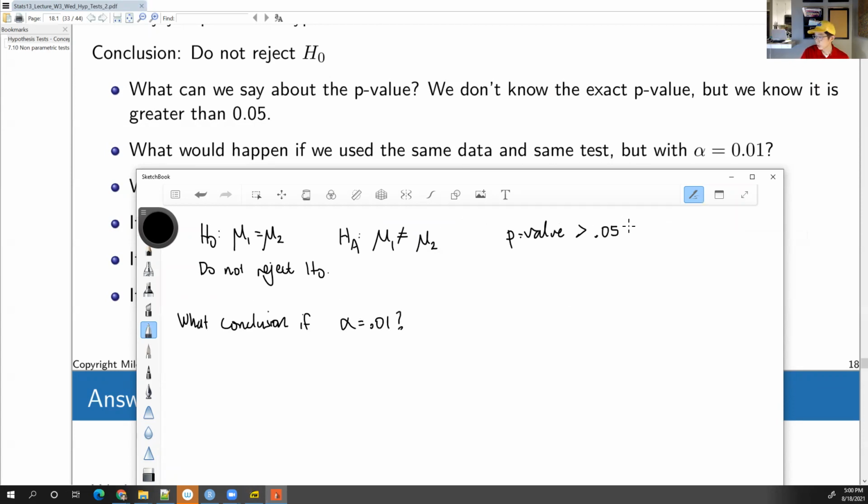Okay. So how does my p-value compare to alpha? Well, my p-value must be greater than alpha, right? My p-value, whatever it is, it's bigger than 5%. Even though I don't know exactly what it is, if I ask, is it greater than 1%? Yes, absolutely. So we come to the same conclusion. Do not reject the null hypothesis.